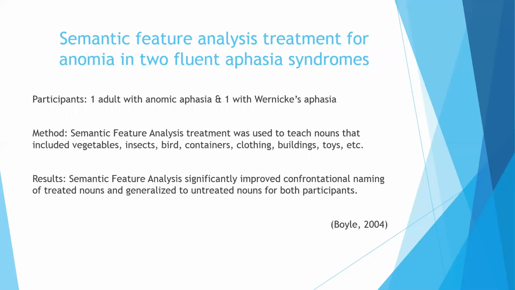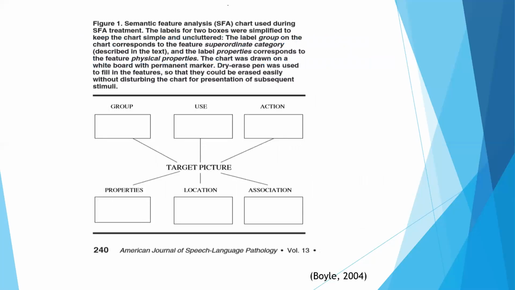They used semantic feature analysis to teach nouns in categories that included vegetables, insects, birds, containers, clothing, etc. And this resulted in a significant improvement in confrontational naming of treated nouns and also a generalization to untreated nouns for both participants in the study. Here we have the semantic feature analysis graph that was used for the treatment. In the middle is the target picture, and it's surrounded by 6 different features.